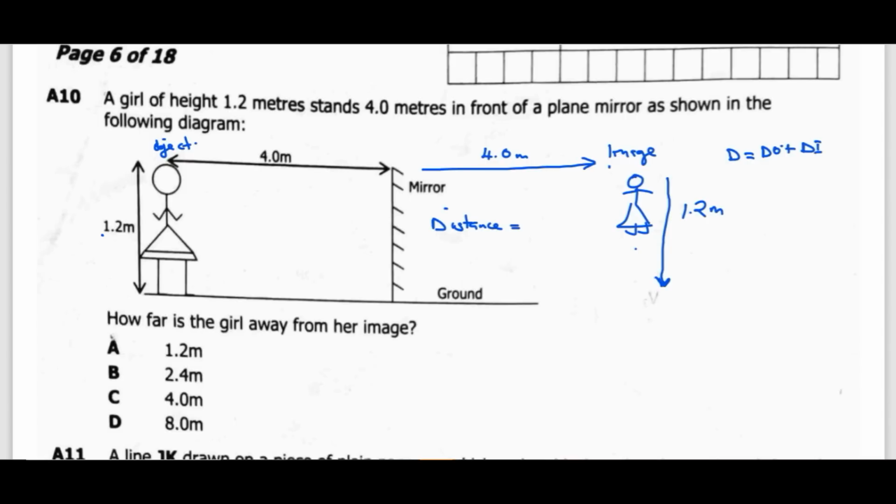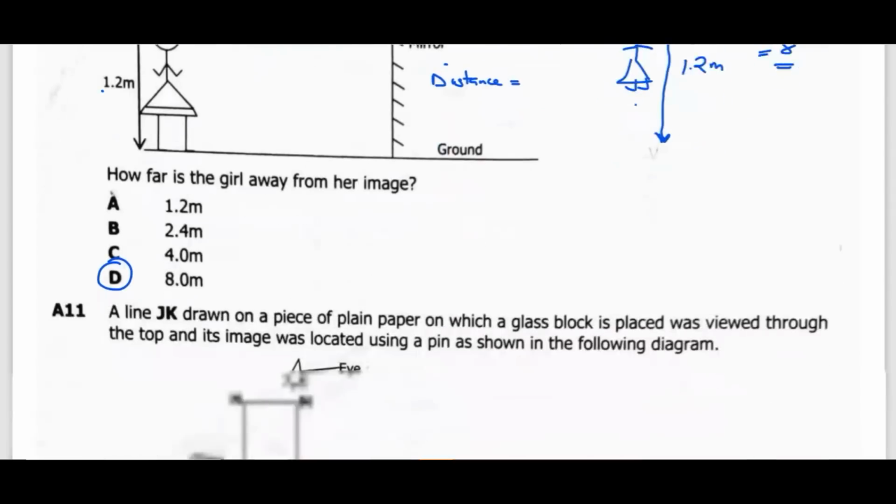So that is what we're going to have. So D will be, this distance is 4, and then also the distance here is what? Is 4. So 4 plus 4, it is 8. So that is the distance that we have. So when we go to the answers, do we have 8? So the answer is D.